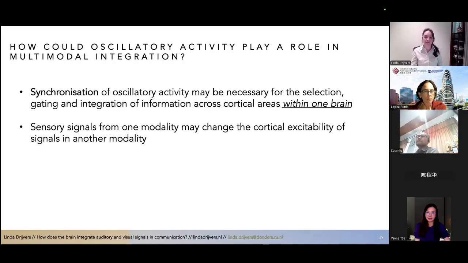And at the same time, these sensory signals, because they unfold at different moments in time, may also change the cortical excitability of signals in another modality. So it might be that, for example, visible speech information primes what you are going to hear. And perhaps that also works the same way in gesture, but we don't know that yet.